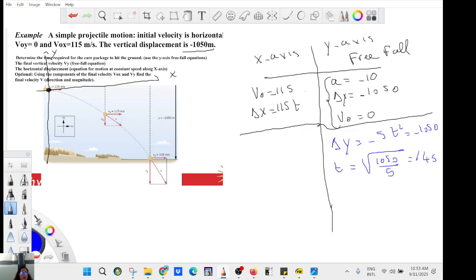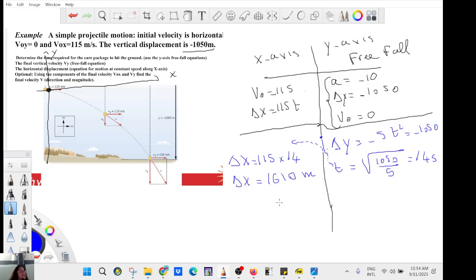And find the displacement delta x. So delta x will be equal to 115 times 14, which is 1000, right?